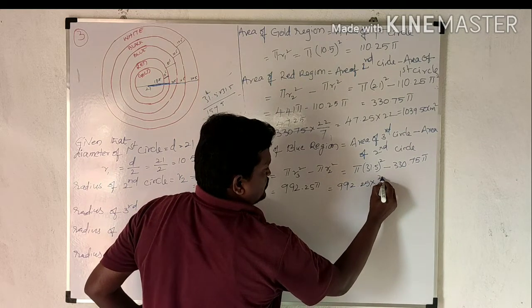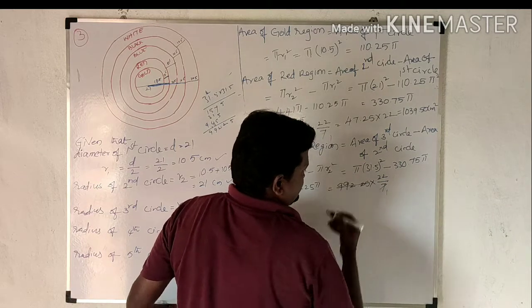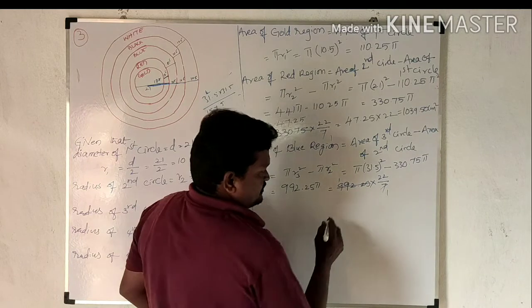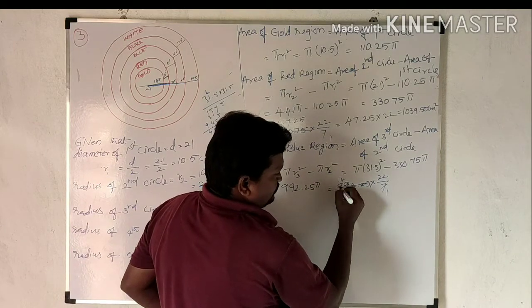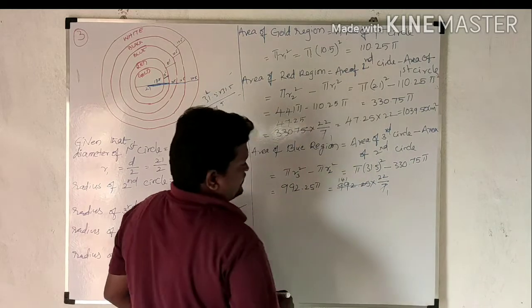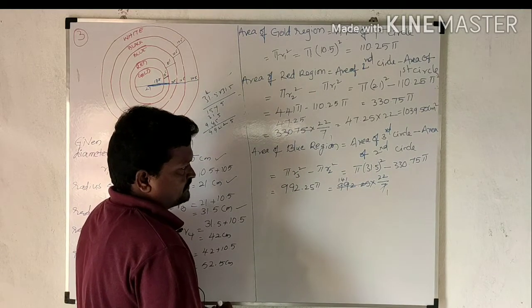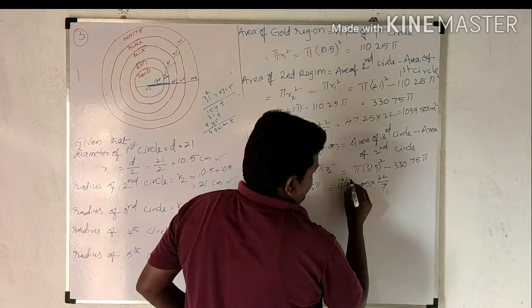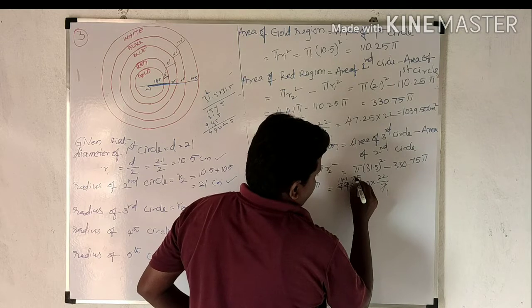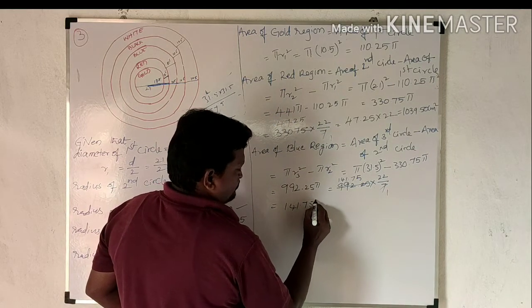Now 992.25 into 22 by 7 with 7. 7 ones are 7, 7 fours are 28, 7 sevens are 49, and so on. That is equal to 141.75 into 22.